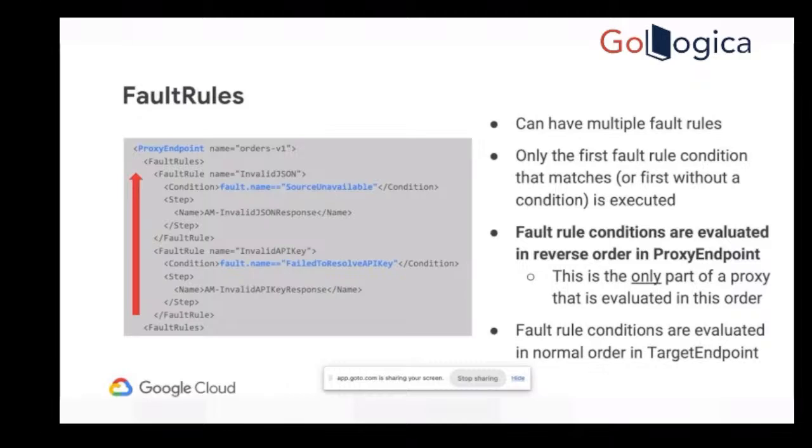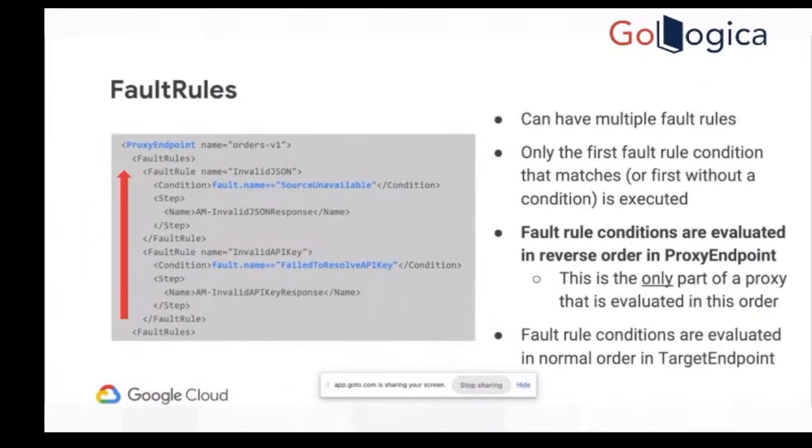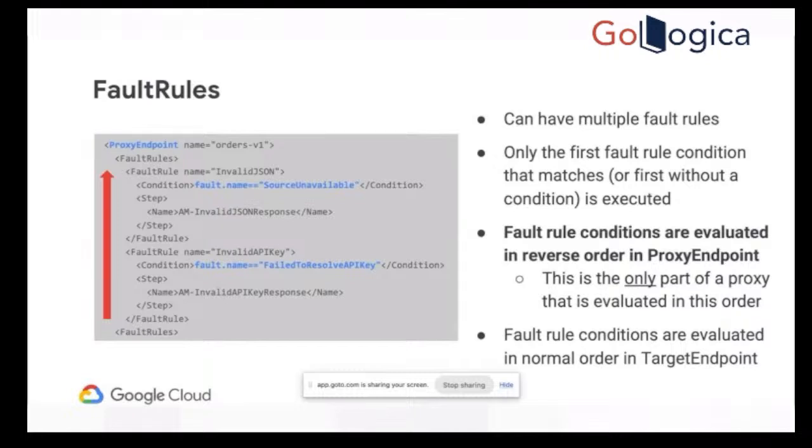Now remember that in Apigee, everywhere you have Apigee logic, route rule, flow, whatever, it is executed from top to down. But fault rule is the only section, and that too in the proxy endpoint, that is executed from bottom to up.